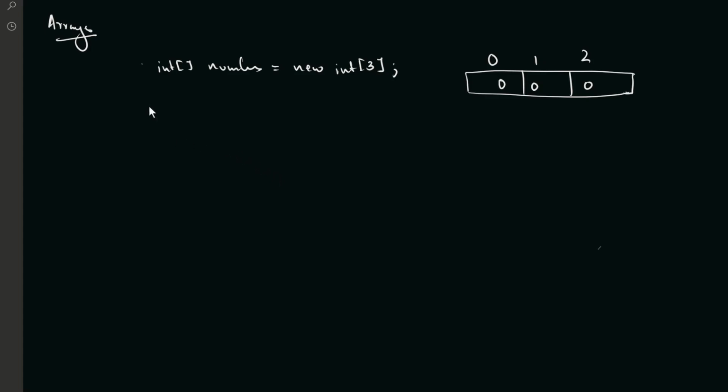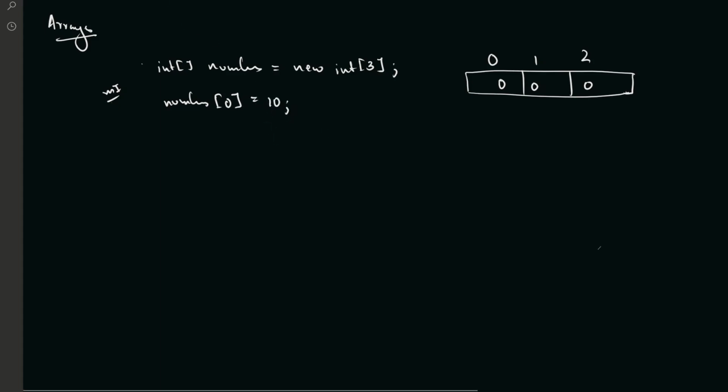Now how to insert elements in an array. In order to do that, you have two methods. All right, first we will discuss method 1, which is the lengthy one. Well, both of them have their own utility, so you need to know both of them. All right, so method 1, numbers of 0. Well, this 0 is the address of the memory space in which you want to store this element. Let's say 10.